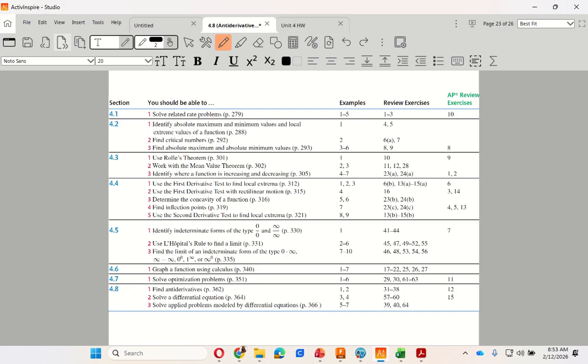This review has to do with the review at the end of the chapter, which is on page 374.